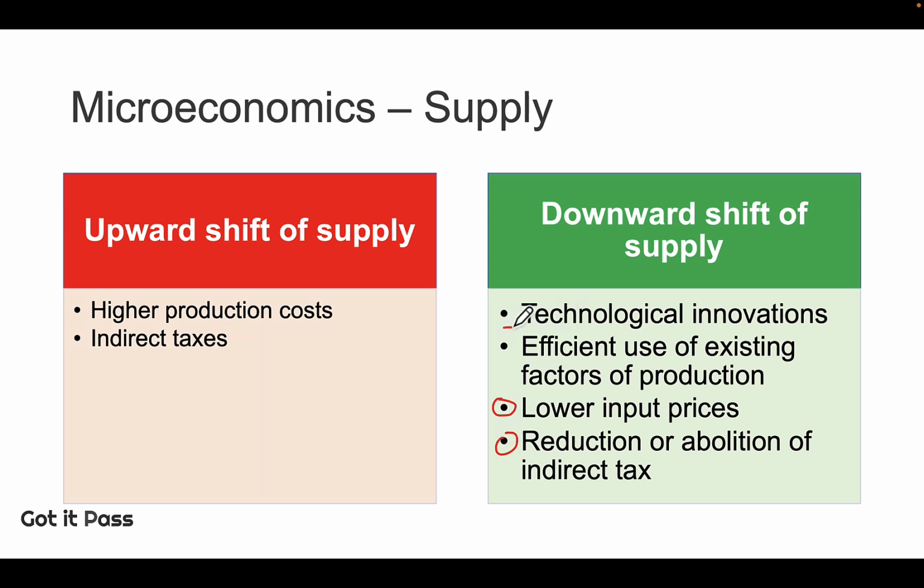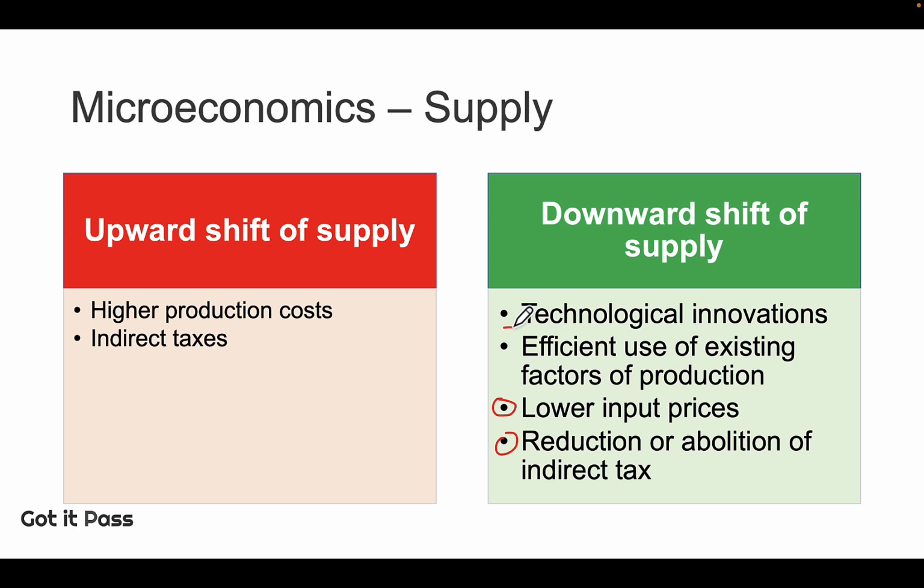For technological innovations, for example, the improvement in microchip technology helps to lower the cost of computers and led to large increases in supply. So it's one of the technological advances that helps to lower production costs and increase the supply of goods.